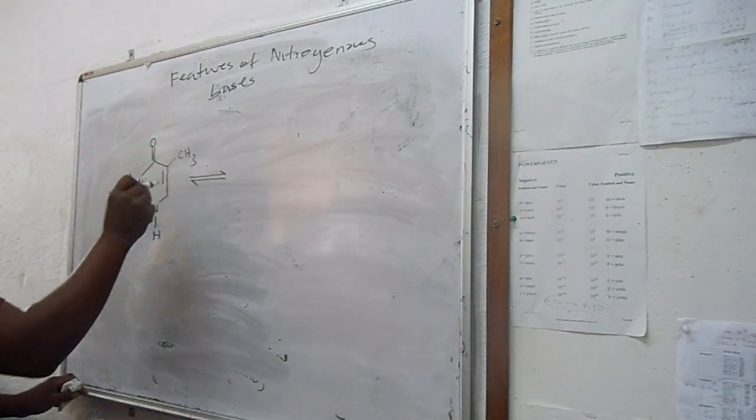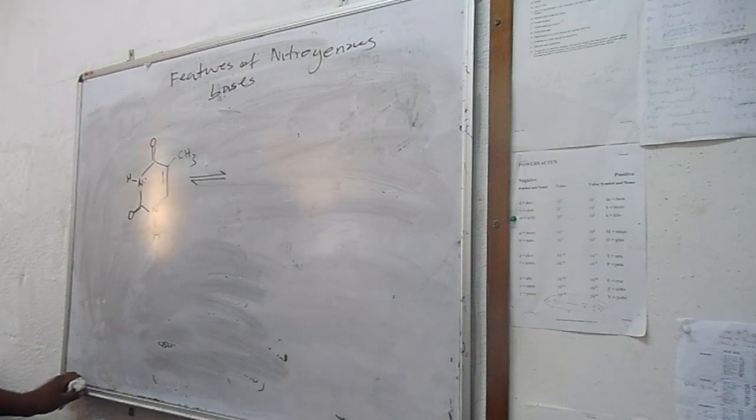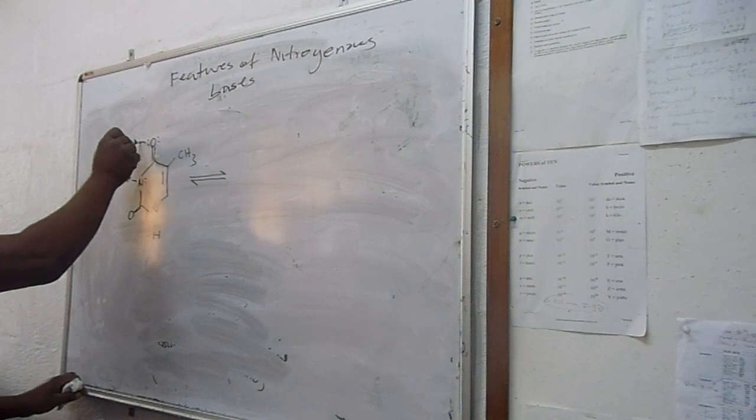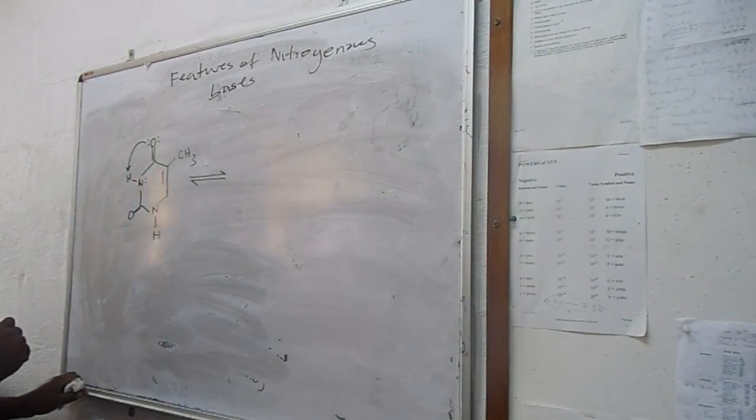Remember, in tautomerization, the hydrogen must move just one carbon. It's possible that, remember, this oxygen has a lone pair. This can come and abstract a proton there.